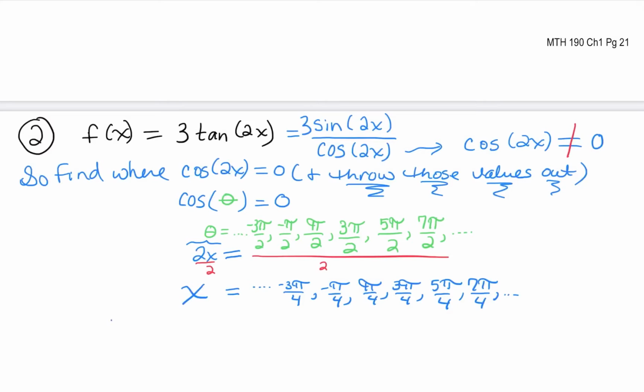So there's a couple of ways you could write this. You could say the set of all x such that x is not equal to, and if we look at what we have here, we're at pi over 4, 3 pi over 4, 5 pi over 4, 7 pi over 4.